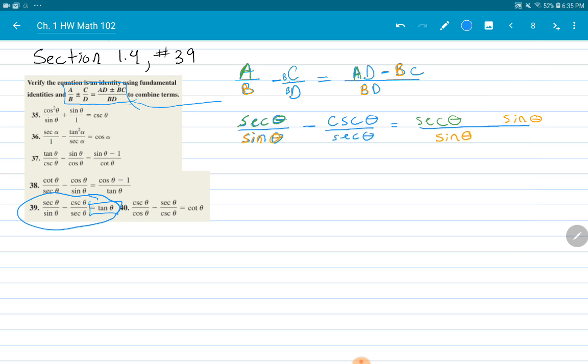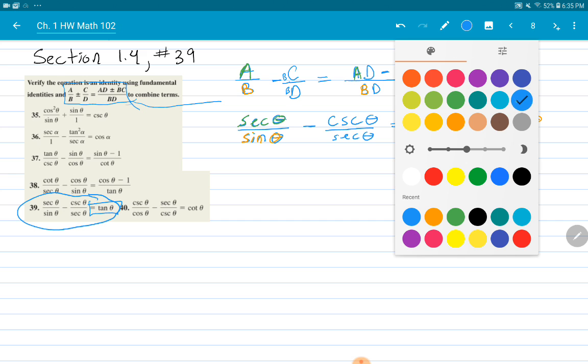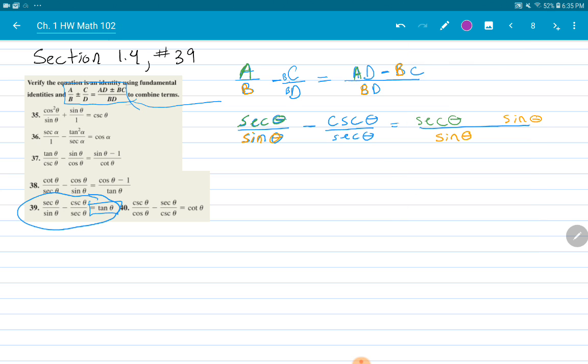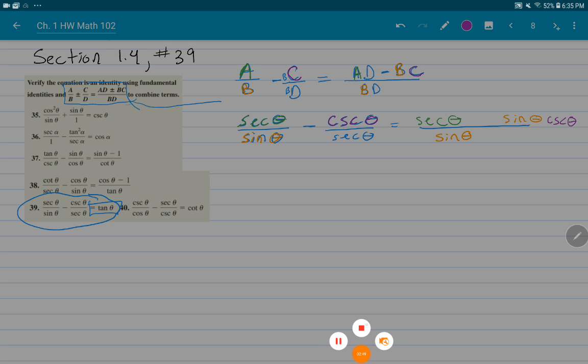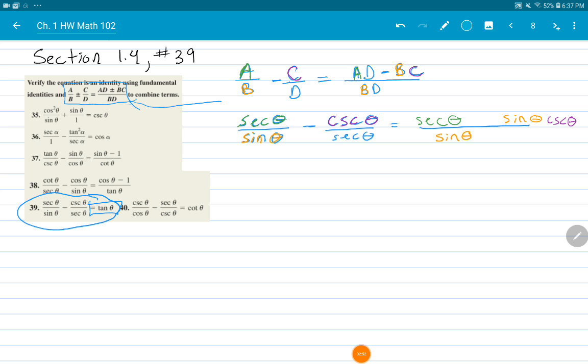Whoops. Actually, let's do C and D first. So C, let's do in purple. C is the cosecant theta. Okay, and then the last piece is the D. And in our problem here, that's the secant.